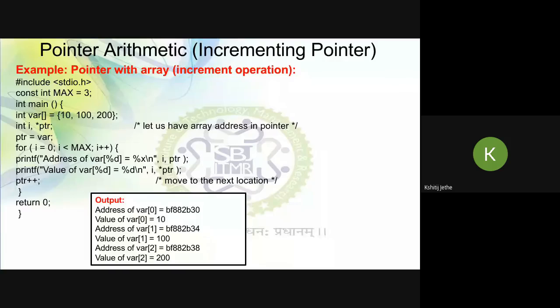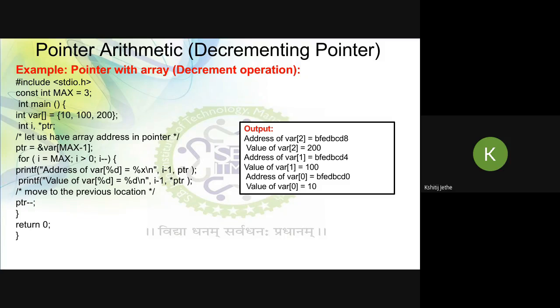Now let us see how to decrement the pointer. A similar example we have taken here. The first line again is #include <stdio.h>, inclusion of the standard input output header file.